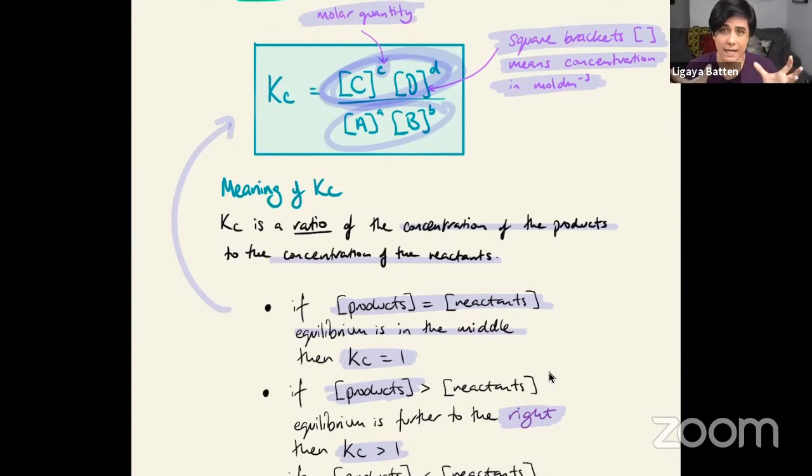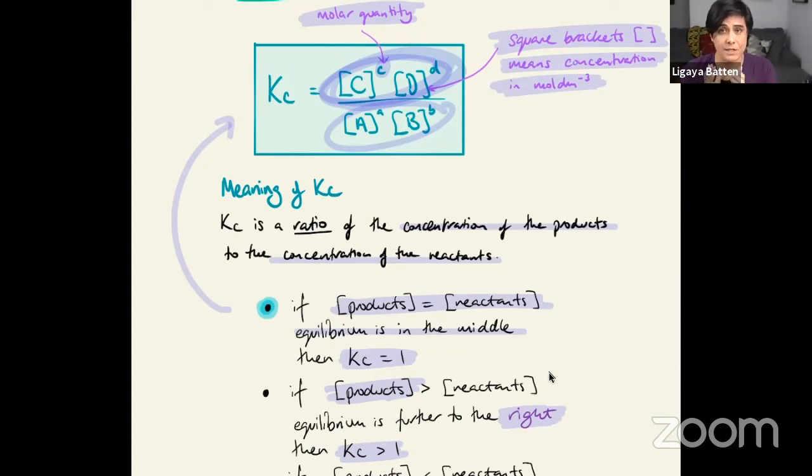If there are exactly the same amount of products and reactants in terms of molar quantities and concentrations, then Kc would be 1. So that's this first point here. If the concentration of products equals the concentration of reactants, then obviously the numerator on top of the equation would be the same as the denominator, and then you would have the same thing divided by the same thing, which always gives you 1.